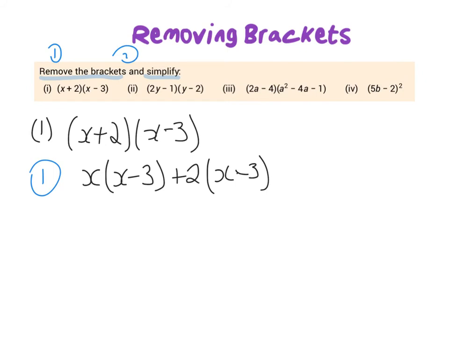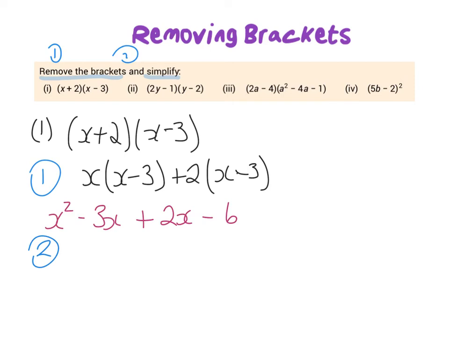And how I did that was I took my 2 terms here and I multiplied them by the bracket. When I do that, I get x squared minus 3x plus 2x minus 6. So now I've removed the brackets. I am now on to step 2 of my question, which asks me to simplify.